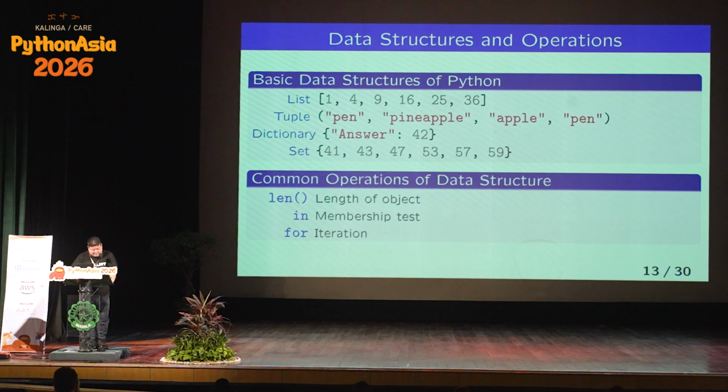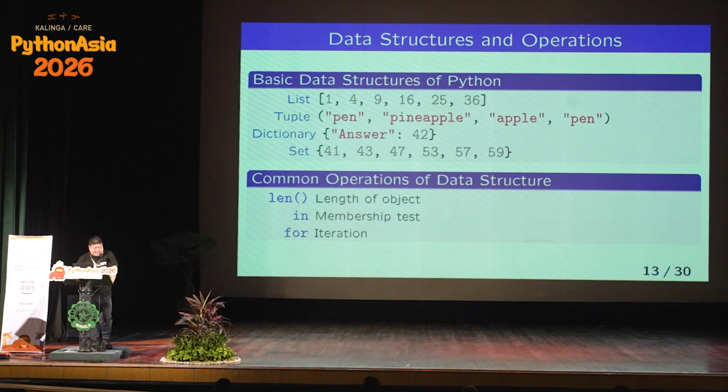So, have you ever wondered how Python knows what to do? How does len work on both a list and a dictionary? The answer is the object protocol. Each operation uses a special method. For example, the len function calls the dunder len method.